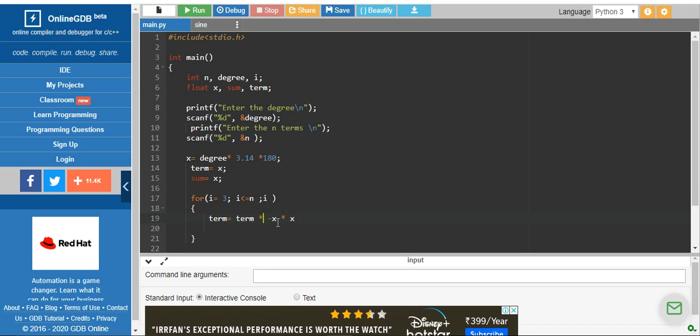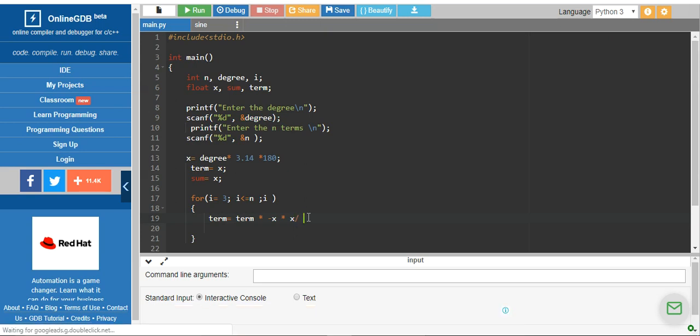So this would be minus x square. You can write it as power of x comma 2. Also this power function is available in math library, so you need not go so complicated here. So the term value is evaluated with the previous term into minus x square, and divided by some value.